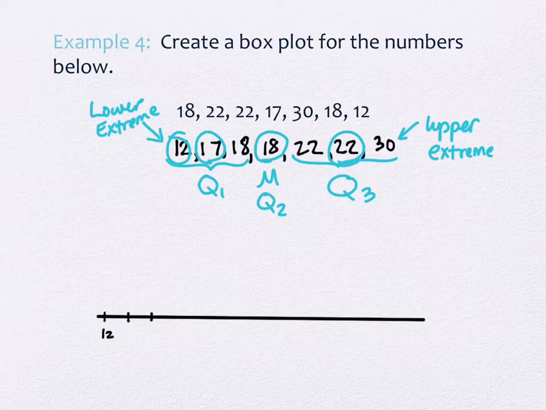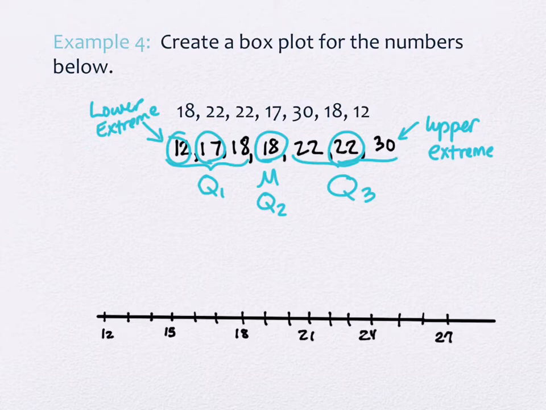You don't necessarily have to label each particular point, but maybe every few. 16, 17, 18, 19, 20, 21, 22, 23, 24, 25, 26, 27, 28, 29, we'll go one more, 30. Okay.